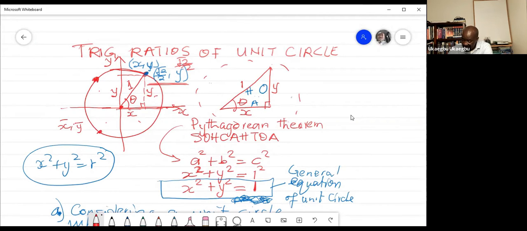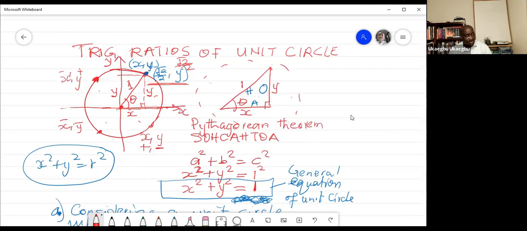Here, x comma y is going to be a negative value and a positive value. Here, on this side, x is going to be a positive value and y is going to be a negative value.